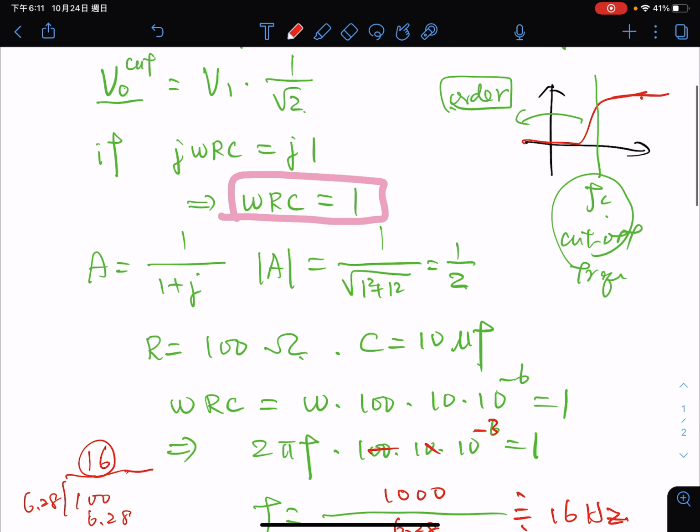Around 16 hertz. So this 16 hertz. So the FC here will be around 16 hertz.